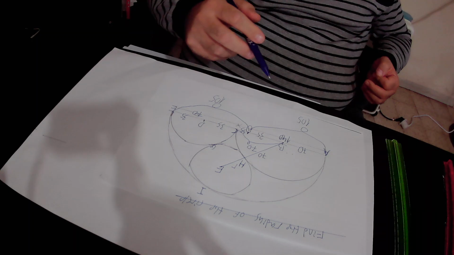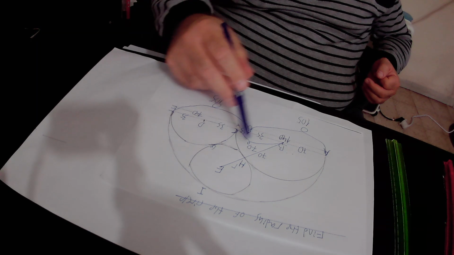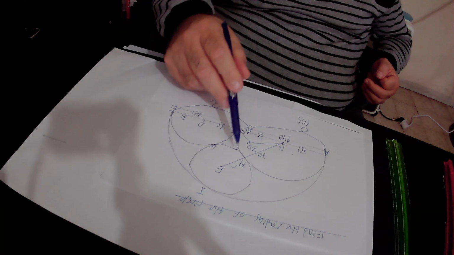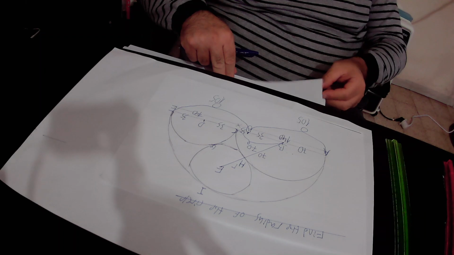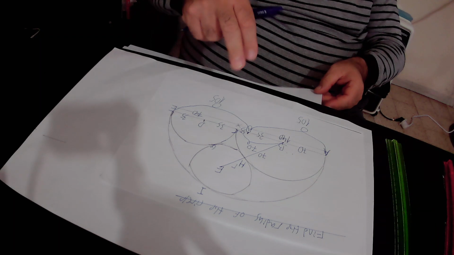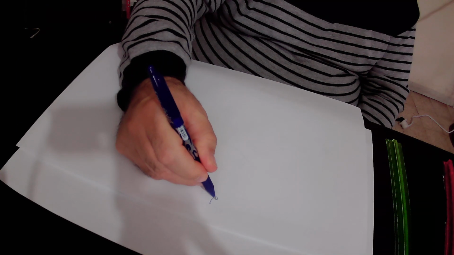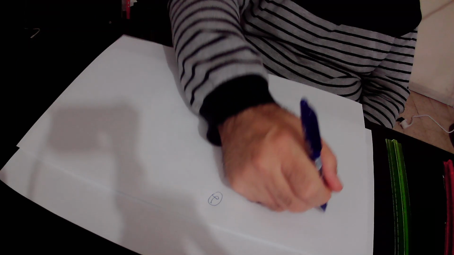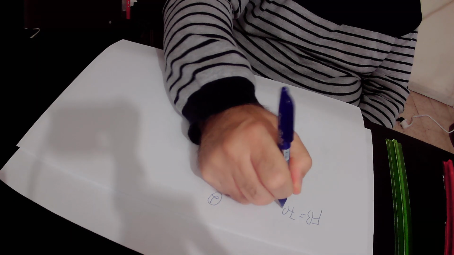In conclusion, we found out that the length of line segment FB is R plus 70, or 70 plus R units. So I write it down: FB equals R plus 70 units, or 70 plus R units.